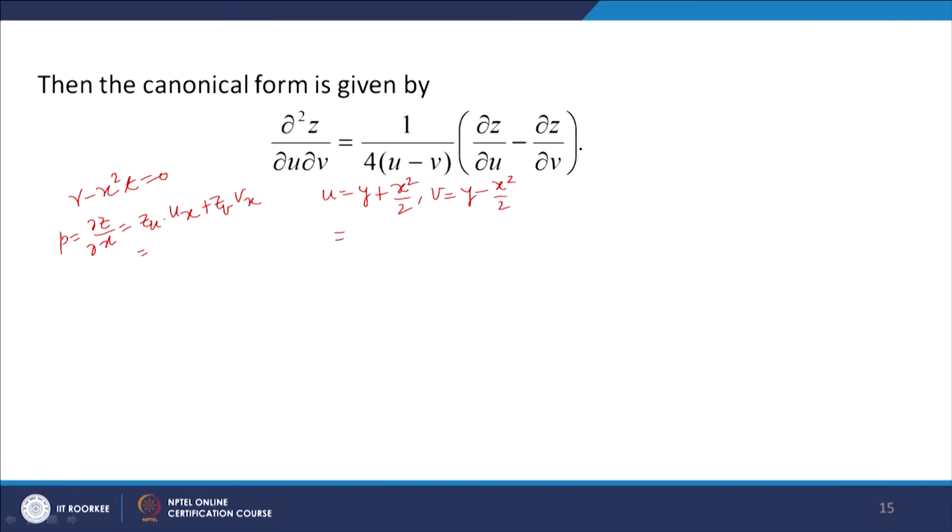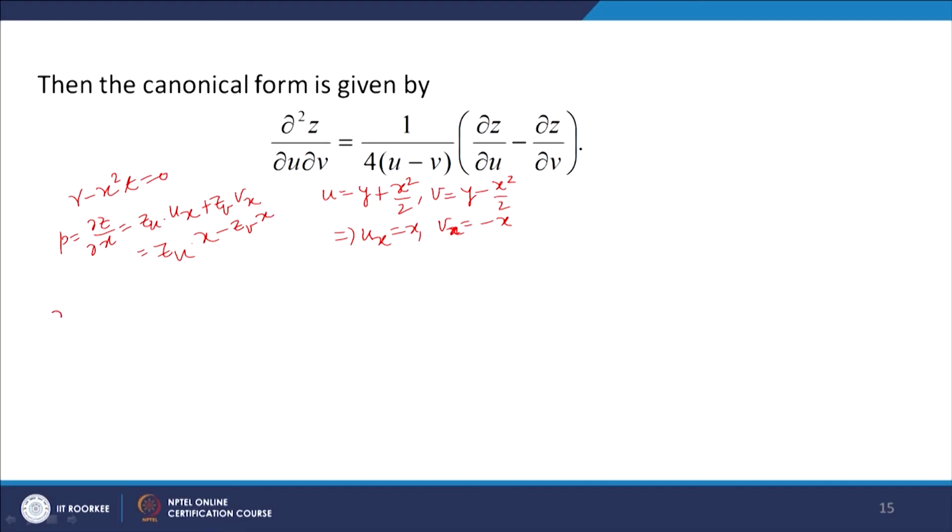So, this gives you u x equal to x and v x equal to minus x. So, this is z u into x and z v into minus x.